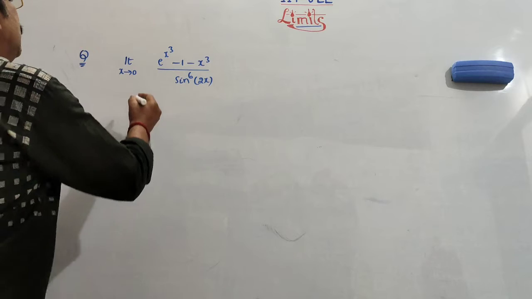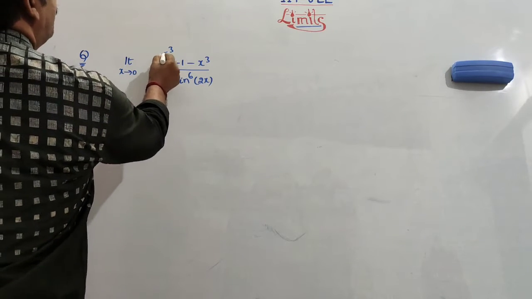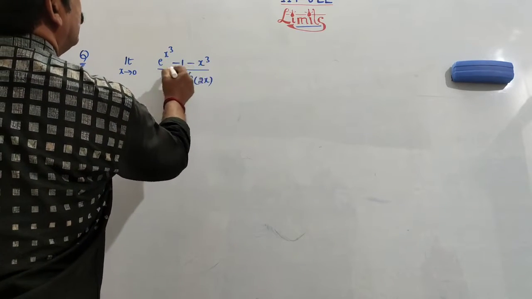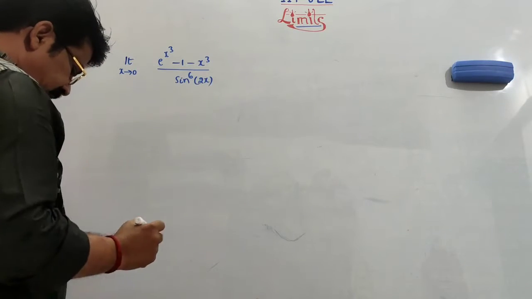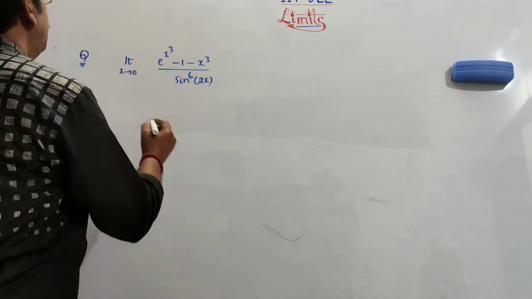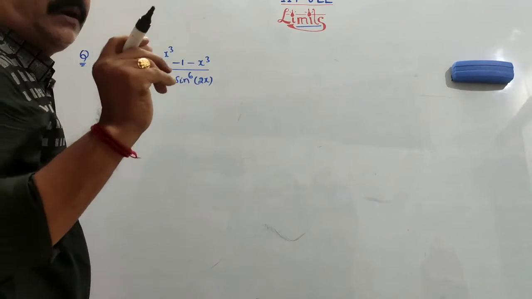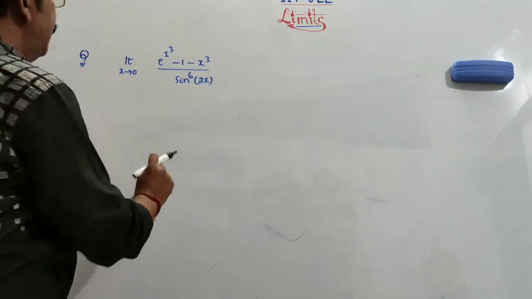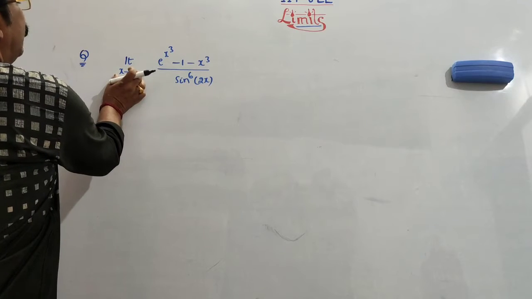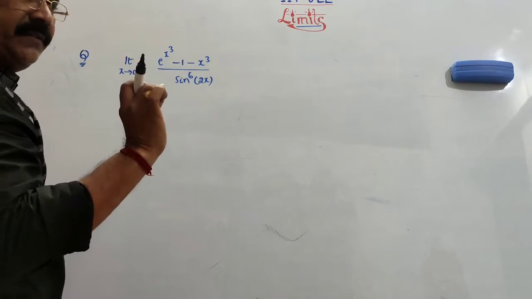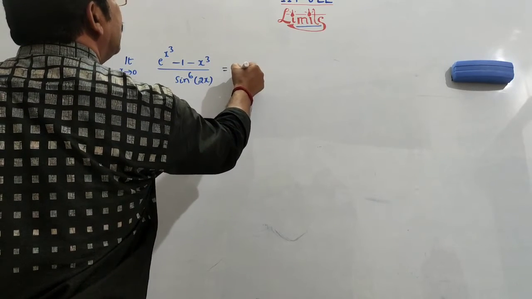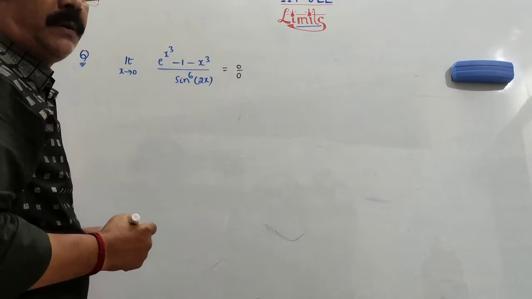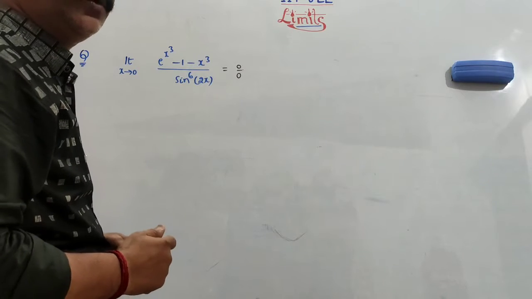Now the next question: limit x tends to 0 of e power x cubed minus 1 minus x cubed, divided by sin to the power of 6 of 2x. As usual, according to the method, we should put x equal to 0 directly at the first stage for every problem. Then it becomes 0 by 0. Now we have to apply L'Hospital's rule.